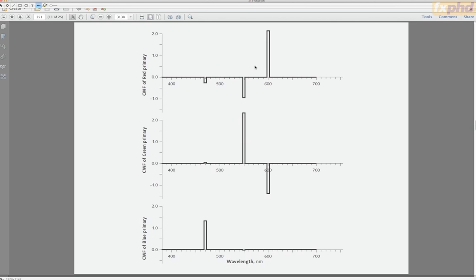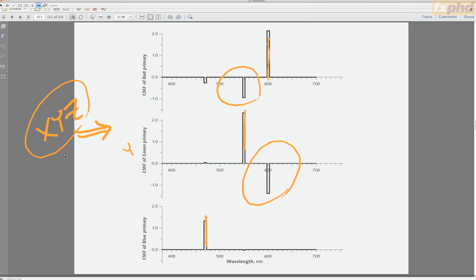It shows you need this much power at 600, this much power for the green primary, which is associated with big Y, and this much power in the blue channel. Problem is, there's negative power, which you cannot make physically. So using XYZ signals directly to drive a display can't be done. This is the ultimate in wide gamut. It has all of the colors and positive numbers, but you can't display it directly on a display.